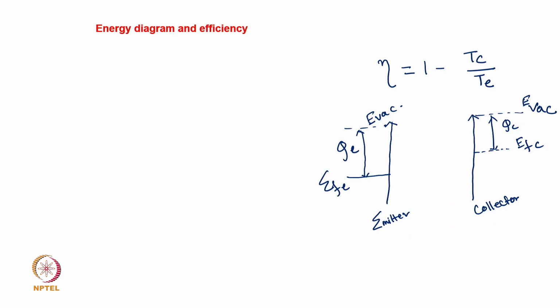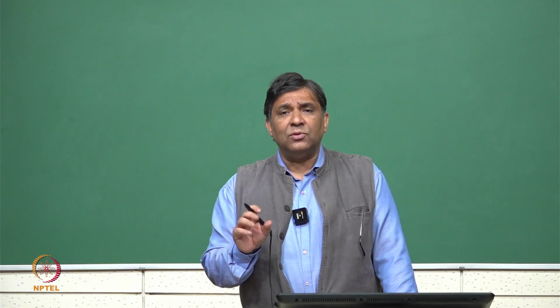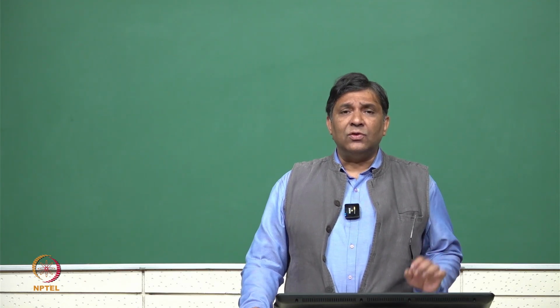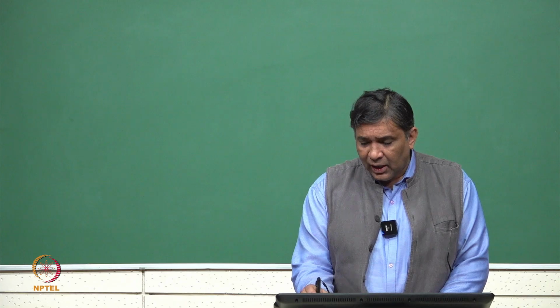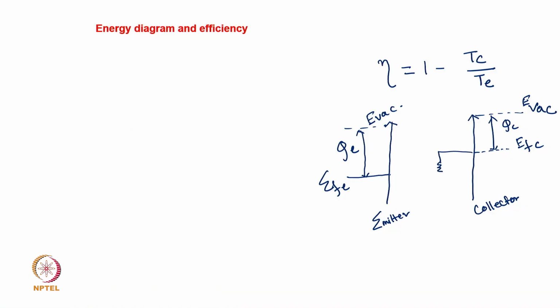So, it is always important that we choose a material for the collector whose work function is much smaller as compared to the work function of the emitter, and then this is the path through the load RL, and this amount of voltage or energy is generated, which is proportional to the difference in the work function of the emitter and the collector.